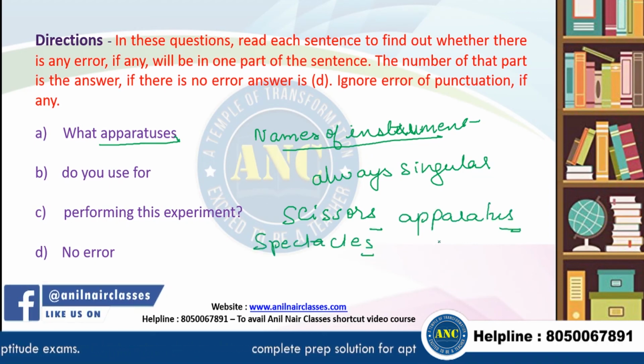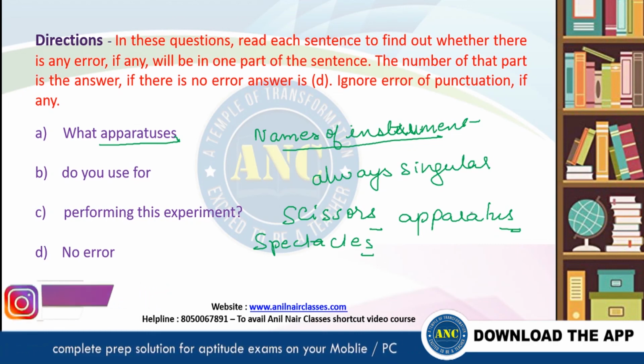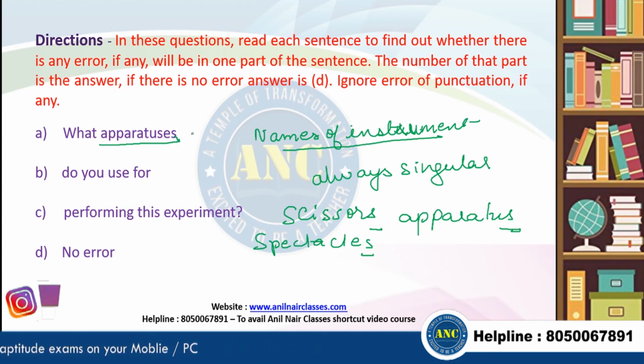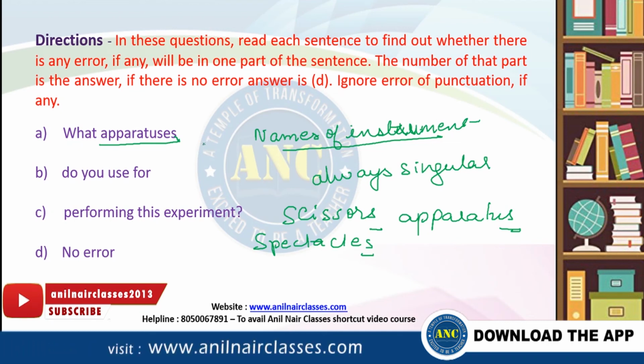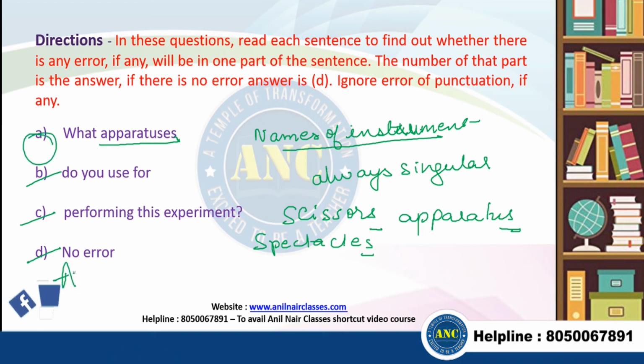So the name of an instrument ends with S, but it is always singular. So we don't have any word like apparatuses. Even if you have 10 instruments, you'll say the 10 apparatus. You will not say apparatuses. You'll still say apparatus. Right? So you'll get rid of B, C and D and your right answer is A.